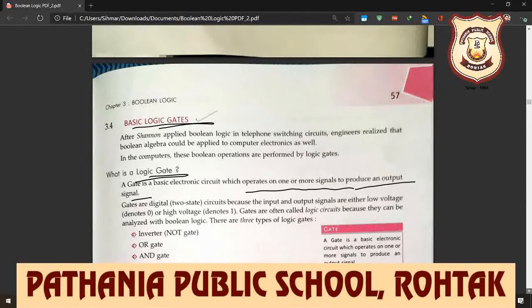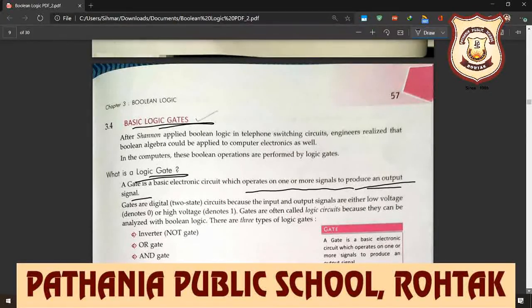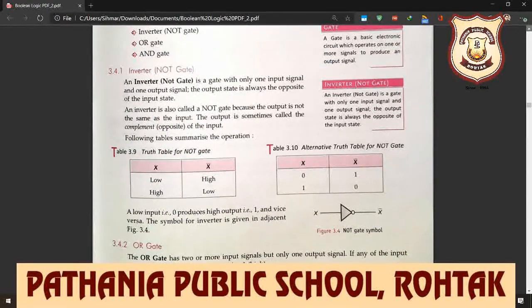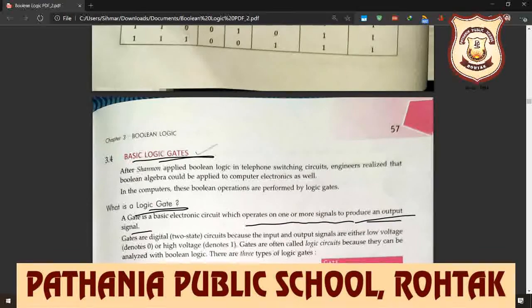Gates are digital two-state circuits because the input and output signals are either low voltage, denoted with 0, or high voltage, denoted with 1.